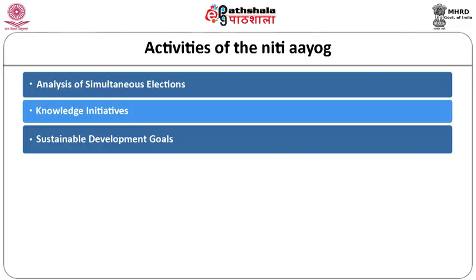The Niti Aayog has been entrusted with the role to coordinate Transforming Our World: the 2030 Agenda for Sustainable Development. The goals and targets will stimulate action over the next 15 years in areas of critical importance, that is, people, planet, prosperity, peace, and partnership.